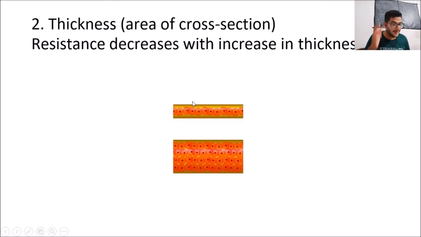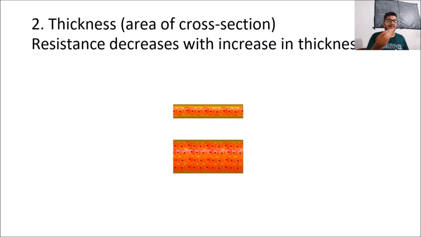but it is inversely proportional to the thickness. Another parameter is thickness, or the area of cross section. If the thickness is increasing, the resistance decreases, because there will be more area for passing the charges. There will be more area to pass the charge easily. It is as simple as that.